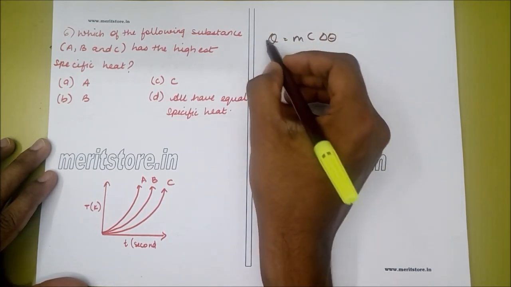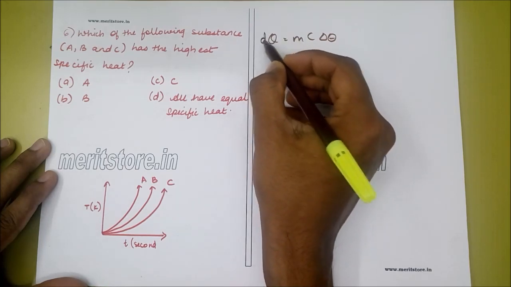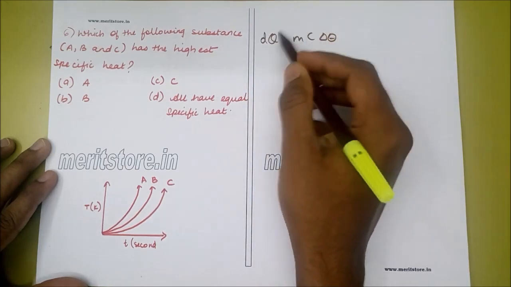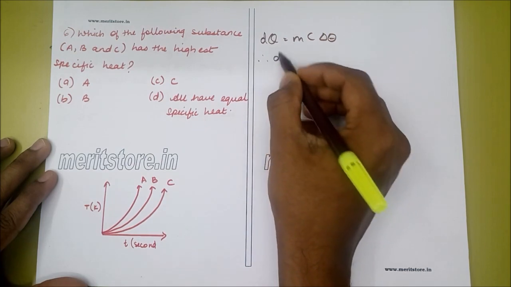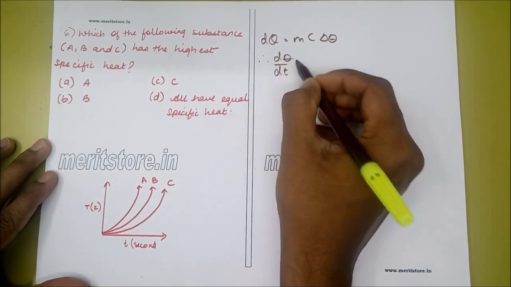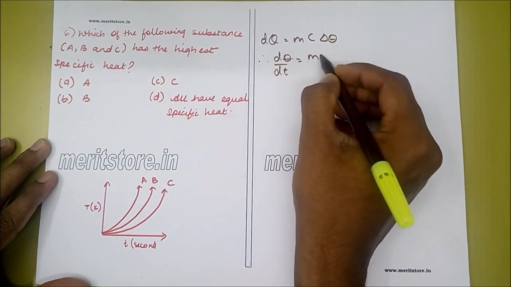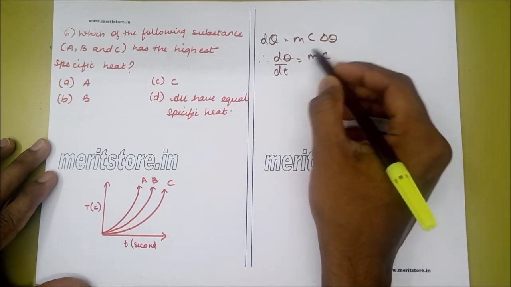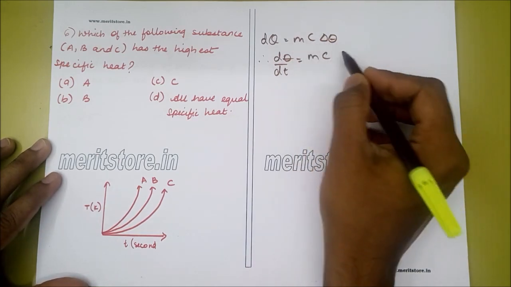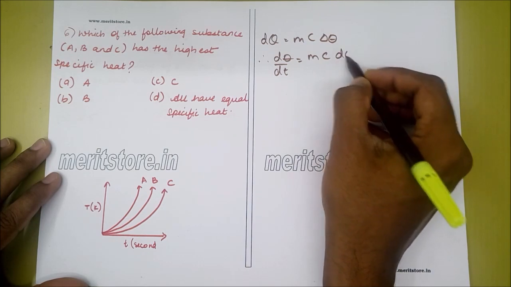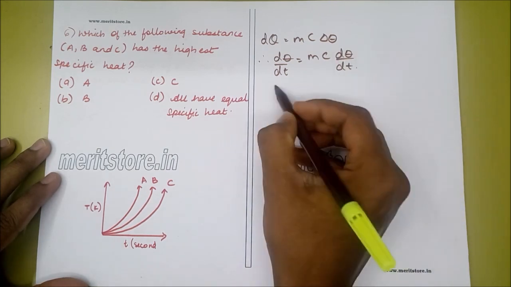So let's say dQ, and let's just differentiate this. So dQ by dt, with respect to time, equals m c. C is the specific heat and that is constant. Mass is also constant, so d theta by dt.